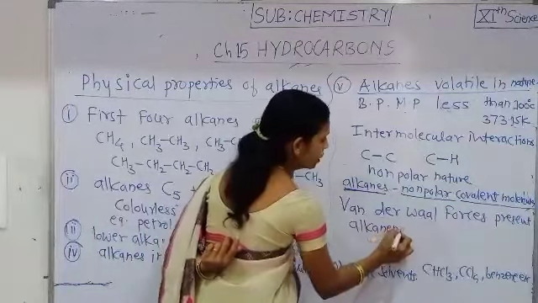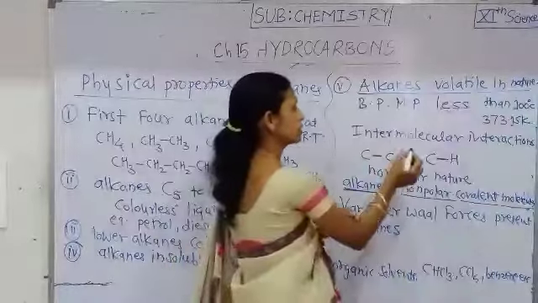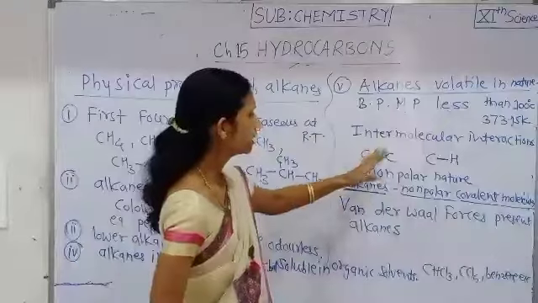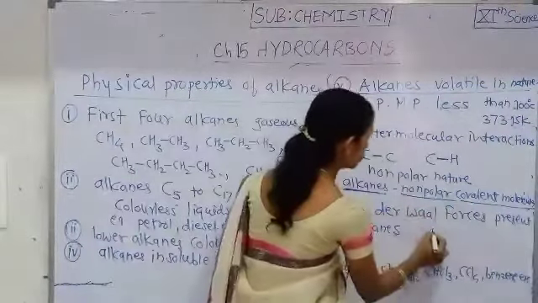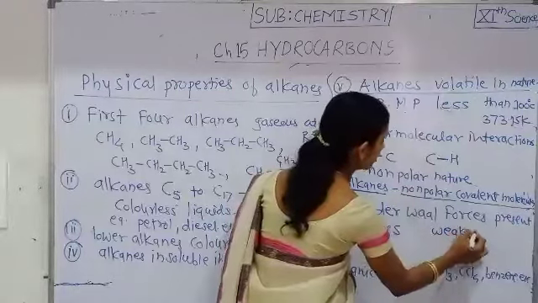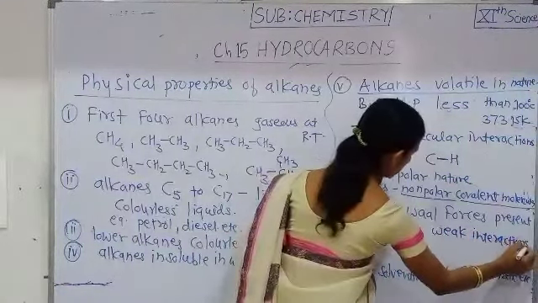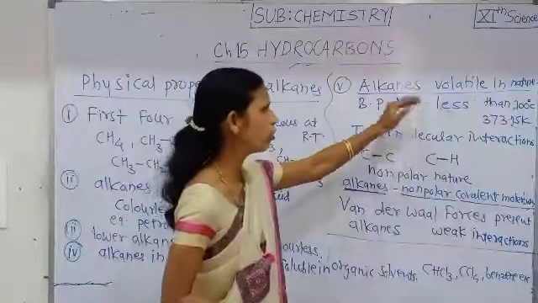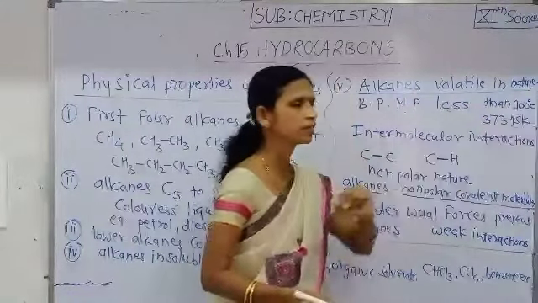The intermolecular interactions in alkanes are van der Waals forces, which are weak interactions. Therefore the boiling point and melting point of alkanes are less than 100 degrees Celsius.